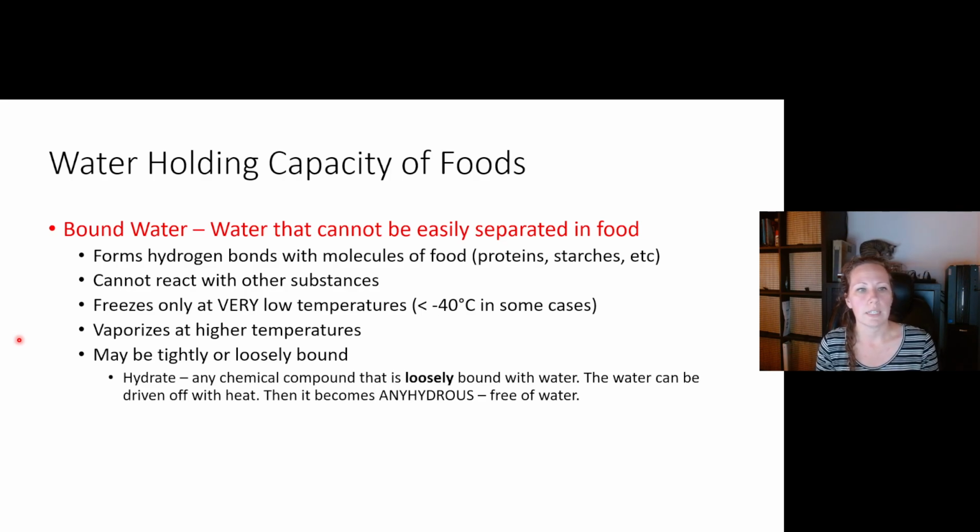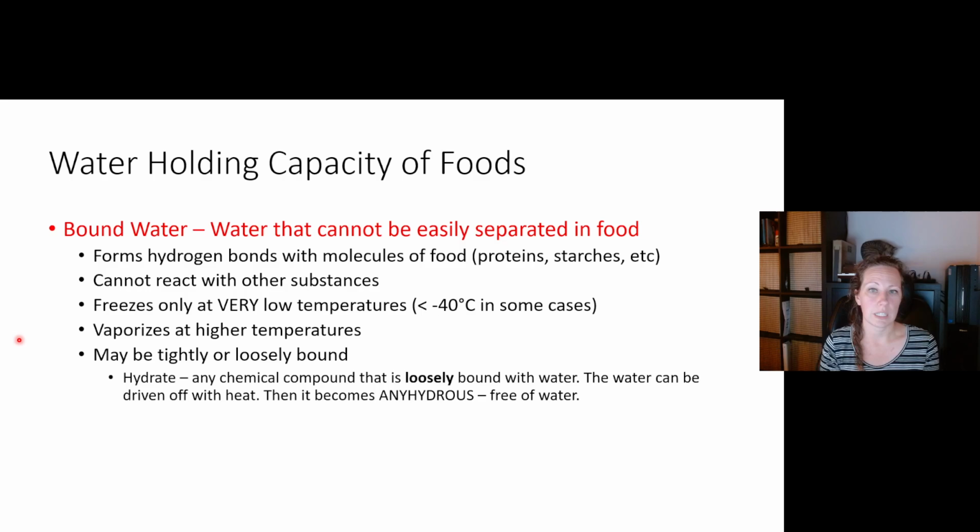So a hydrate is any chemical compound that is loosely bound with water. Okay, so the hydrate is not the water, it is the chemical that it is bound to, and it is loosely bound.